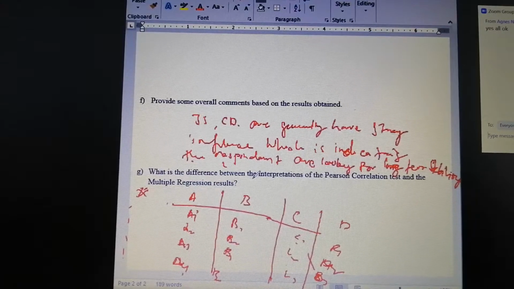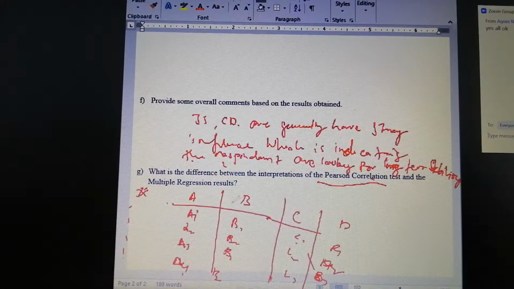Now, the Pearson correlation measures the strength on a one-to-one basis between the variables.